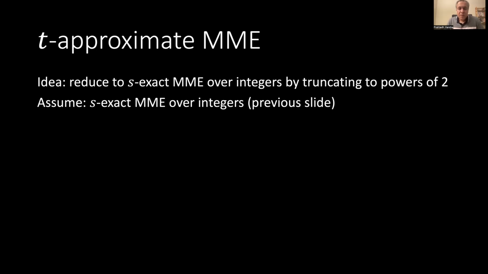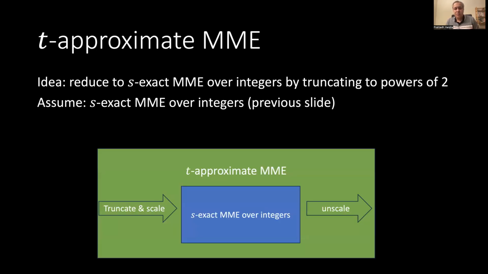Notice that post-truncation, if you write down these numbers as rational numbers, all of them have only powers of 2 in their denominators. Hence, we can now do our naive attempt of clearing denominators without causing any blow-up. So we truncate to a large enough accuracy after the decimal point, clear denominators, solve the S-exact MME over integers, and then unscale. This gives us the t-approximate MME.